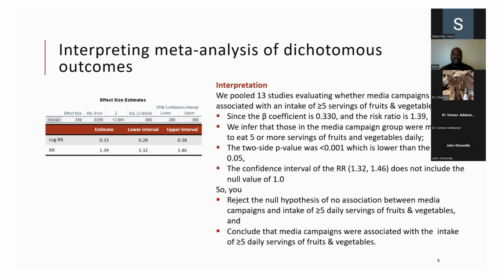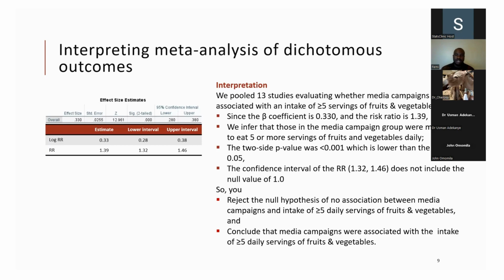If your confidence interval does not include the null value of 1, then you can reject the null hypothesis, which says that there is no association between media campaigns and intake of 5 servings of fruit and vegetables. So before you go ahead with your analysis, you need to define your null hypothesis and your alternate hypothesis. Your null hypothesis is that there is no association between media campaigns and intake of greater than or equal to 5 daily servings of fruit and vegetables.